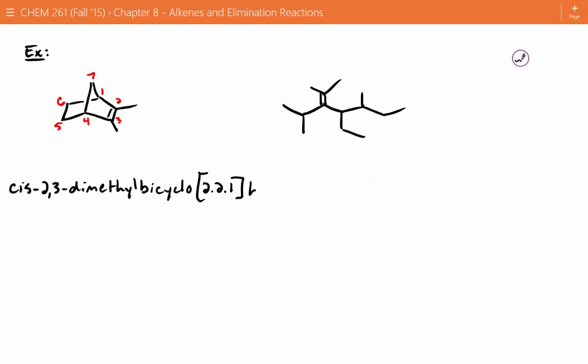And then we've got hept, because we've got a total number of 7 carbons in our ring system. We don't include our substituents because they're not a part of the ring system. And then our double bond comes off carbon 2, so I'll do hept-2-ene. That's a mouthful.